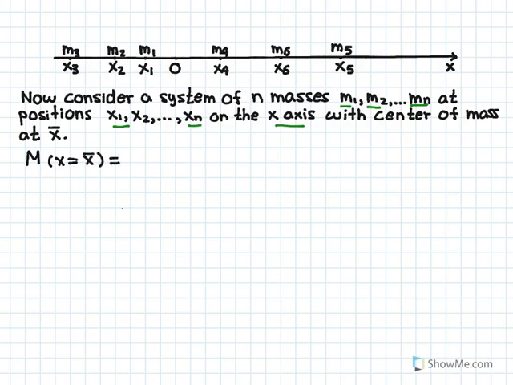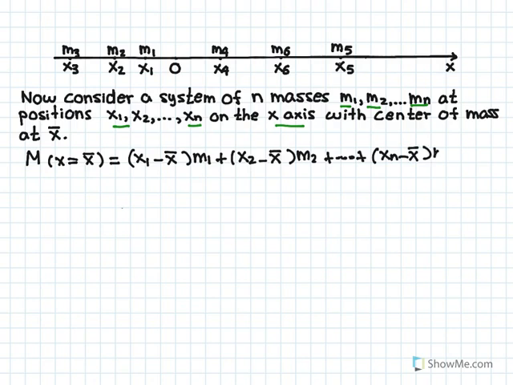This is equal to the distance of the first mass from x bar, so x1 minus x bar, times the mass of the first object, plus x2 minus x bar times m2, all the way to xn minus x bar times mn.